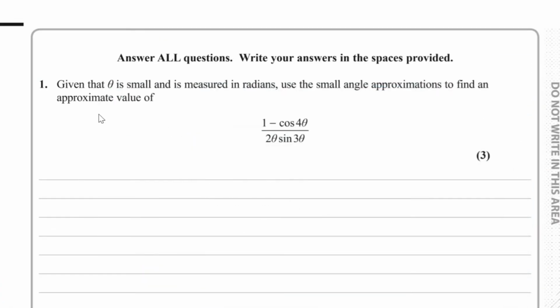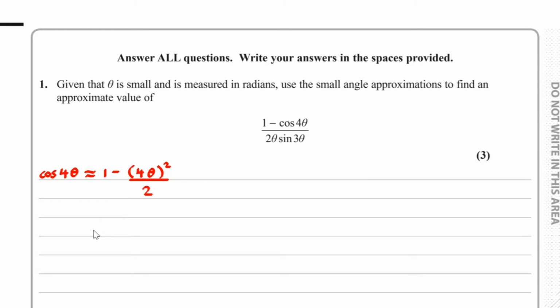And so, therefore, if we find an approximation for cos 4 theta, this is approximately equal to 1 minus, and then in brackets, 4 theta squared over 2.